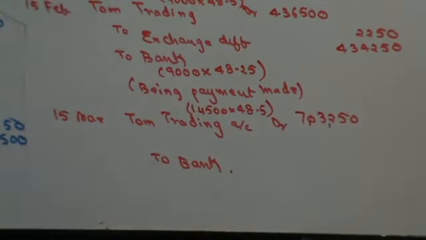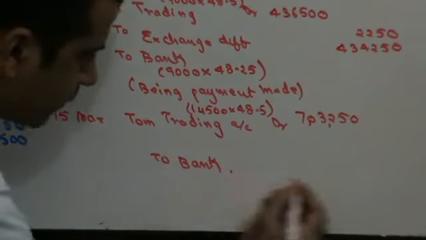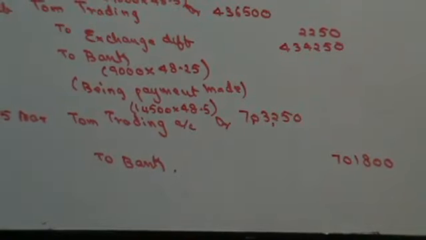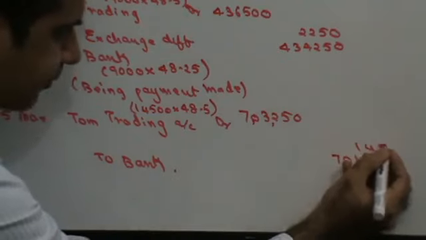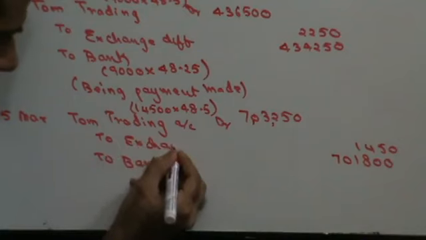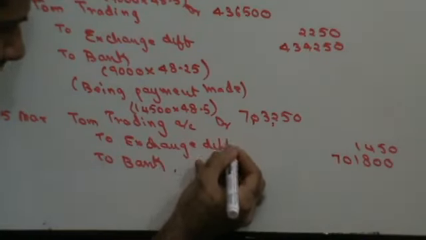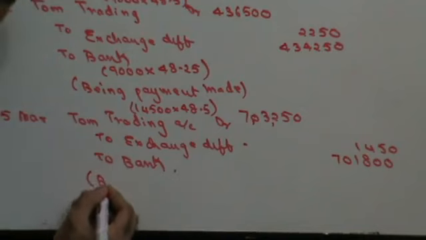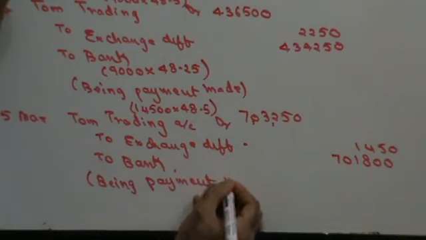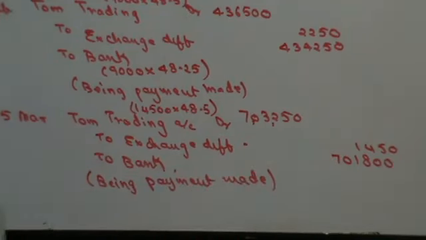And on the date of payment, dollar rate on 15 March is 48.4, 7,01,800. Right? Find out the difference, please. 1450. This is going to be exchange difference. Being payment made. Right? Next.